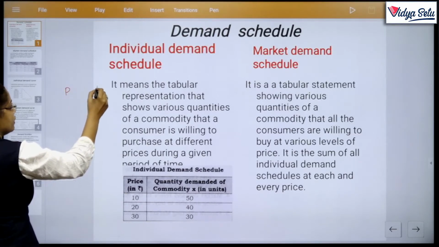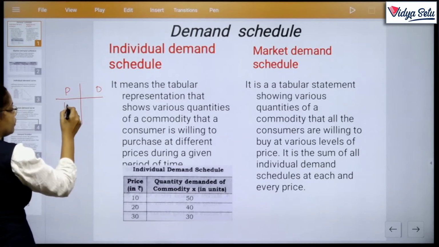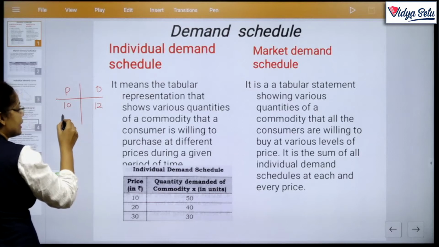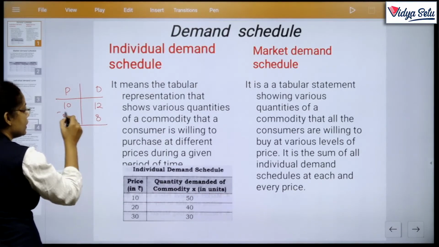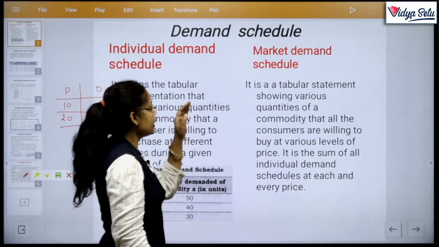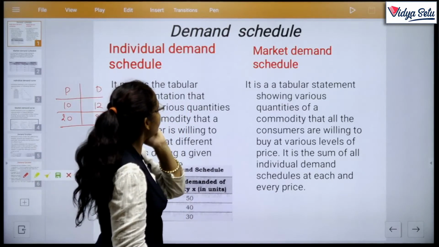Like when price is 10, then the consumer demands 12 units of the commodity. As price increases to 20, then the consumer demands 8 units of the commodity. This is called a table.